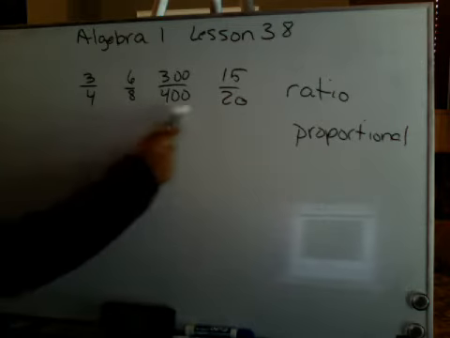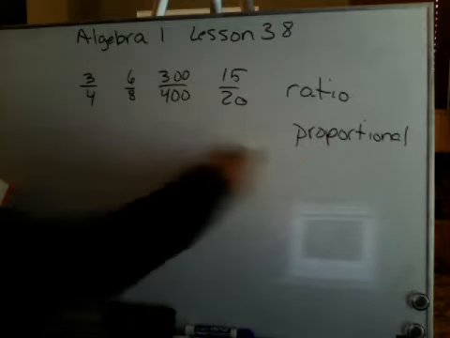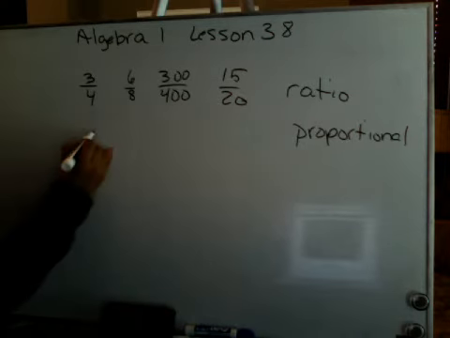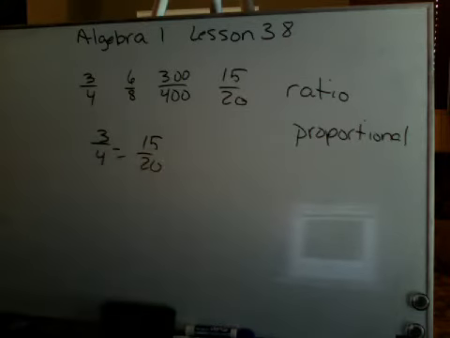Look at all these other fractions. If you look at them, they're equal, they're equivalent. When we have fractions that are equivalent, we say that they are proportional. So for instance, we can say 3/4 is equal to 15 over 20.